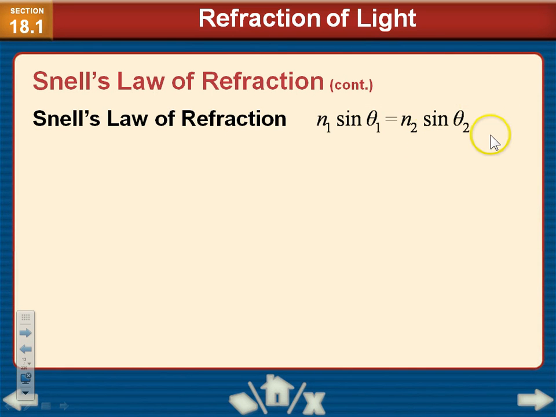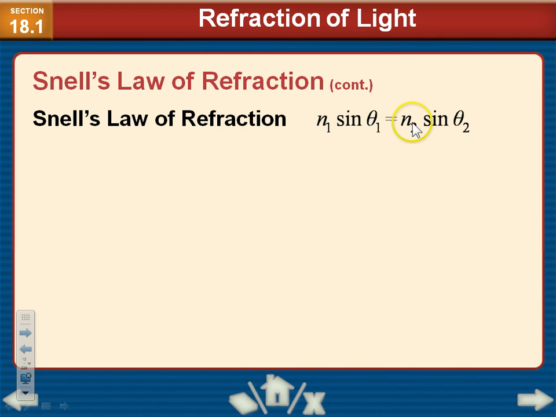The simple way of remembering Snell's law is the index of refraction of the first medium times the sine of theta, the angle as the light passes through the first medium, is going to be equal to the index of refraction of the second medium times the sine of its theta value. As one number goes up, the other goes down.